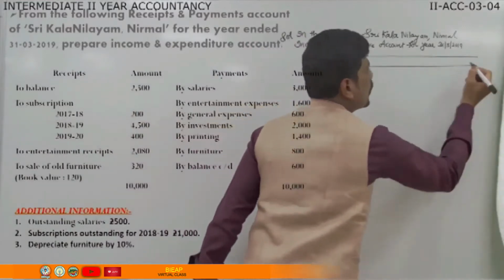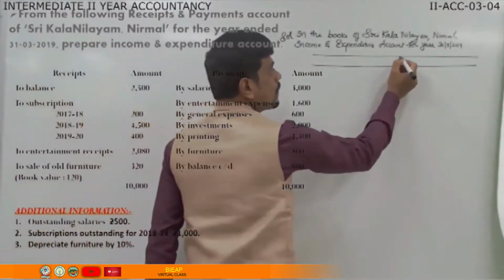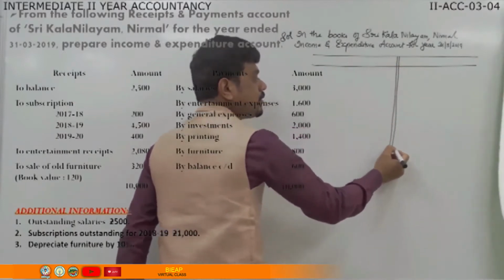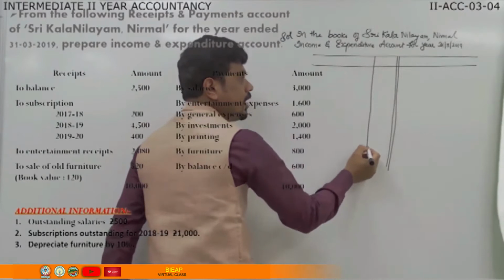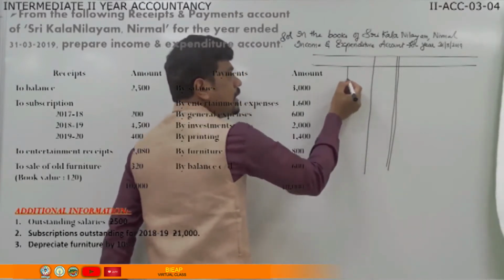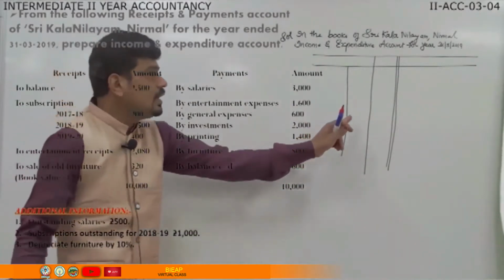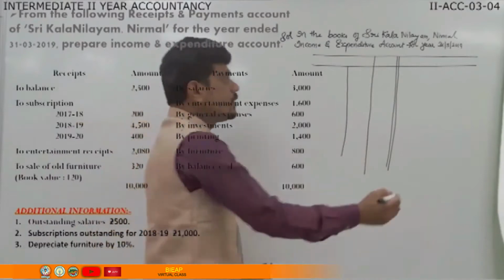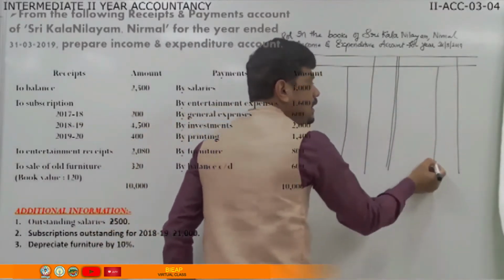Then we'll draw the format. Half page will be enough. Debit side, credit side. This is amount column. Here we will maintain one inner column. Please keep in mind, this is called inner column. This is used for calculations. Then credit side, amount column and income column.